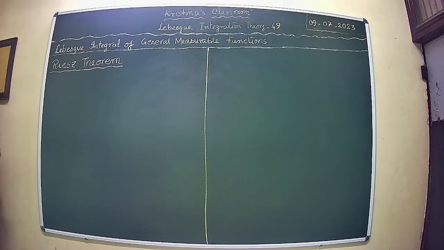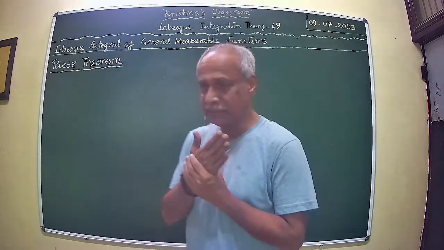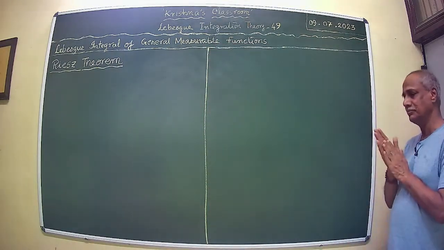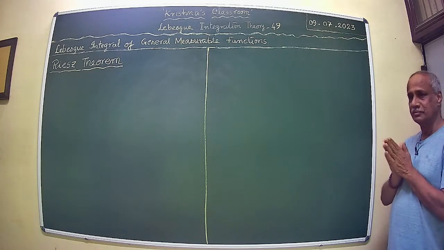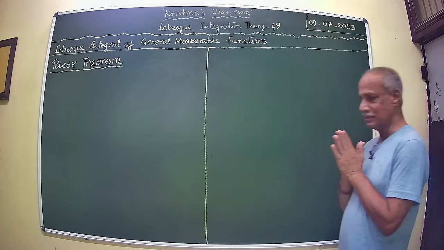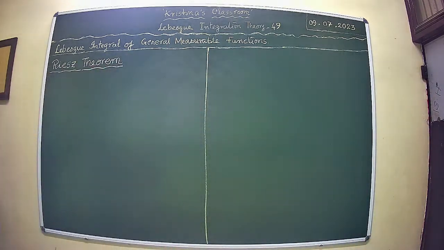Let us continue to explore the concept of convergence in measure. And one of the obvious questions that you would ask is this: does convergence in measure imply pointwise convergence?